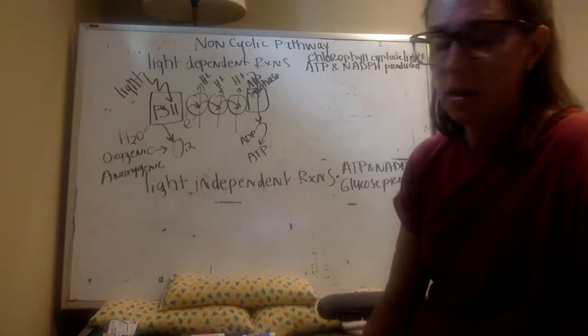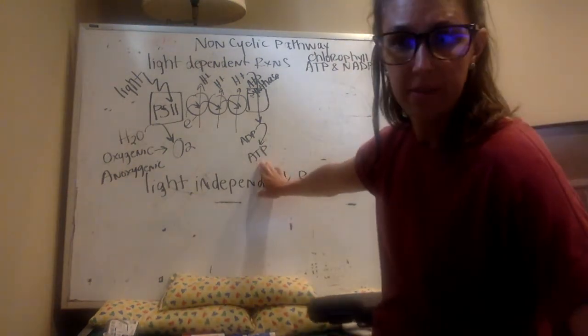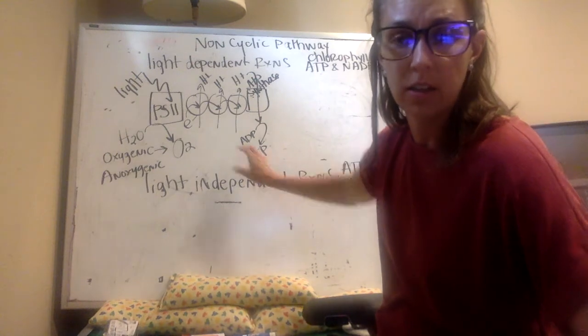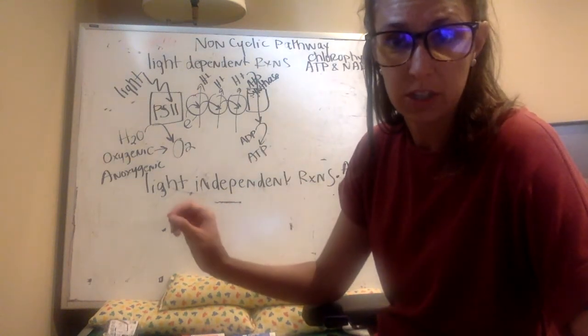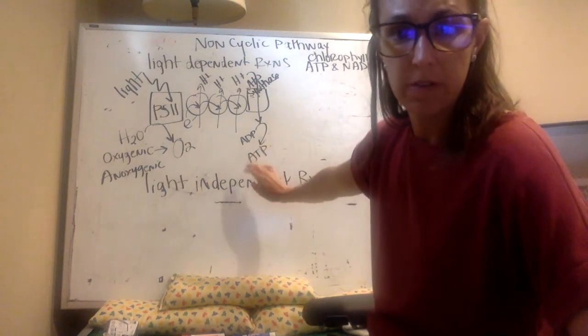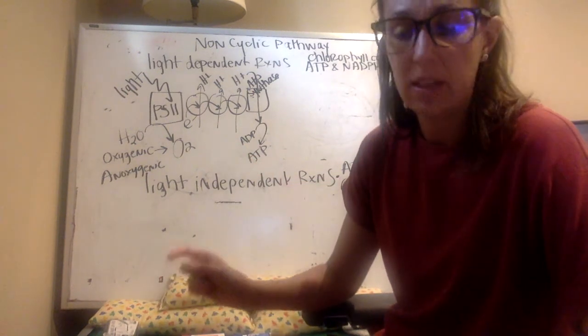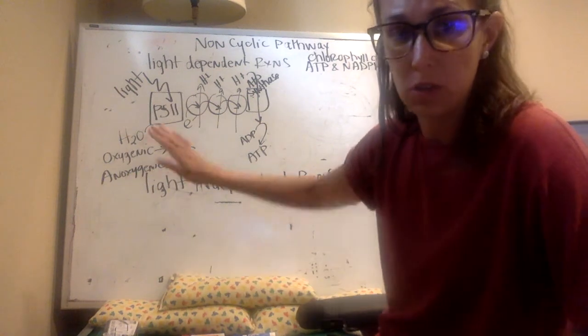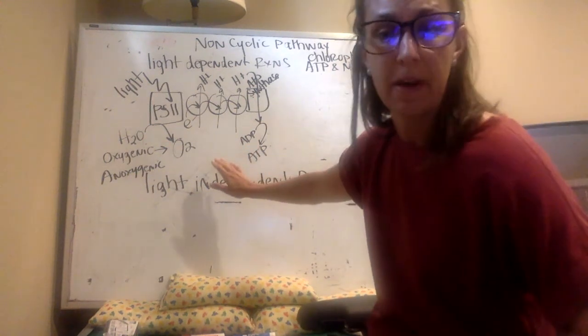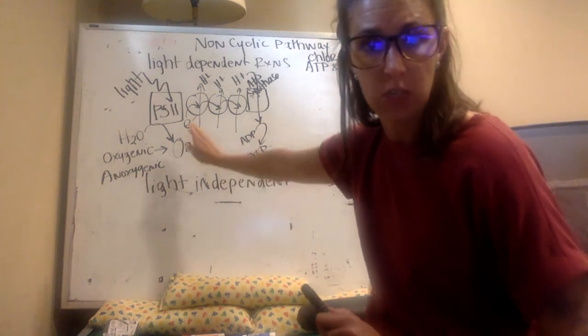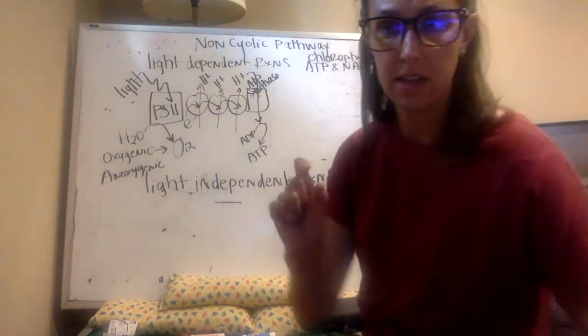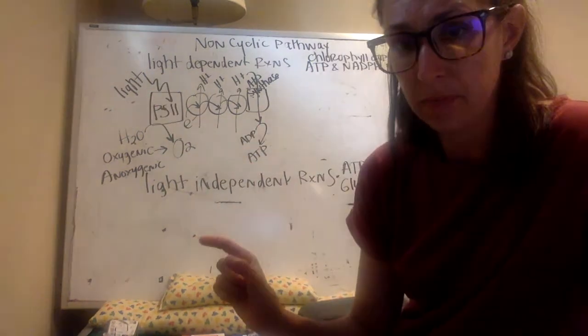All right, so this type of phosphorylation is called photophosphorylation. And the difference between photophosphorylation and oxidative phosphorylation is that they both use a very similar process, but photophosphorylation uses light. Oxidative phosphorylation does not use light.